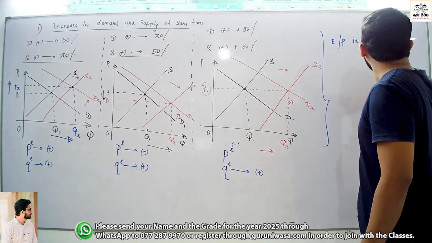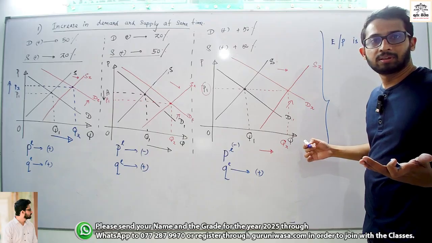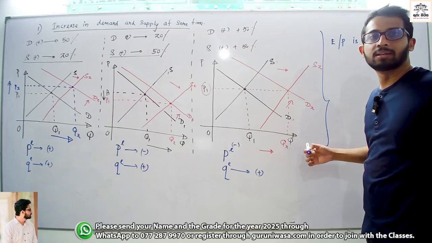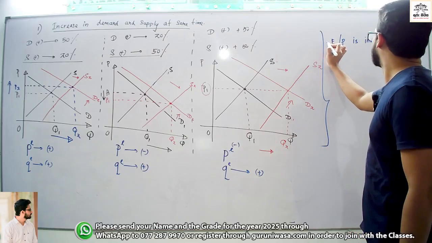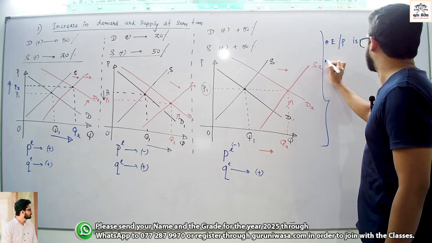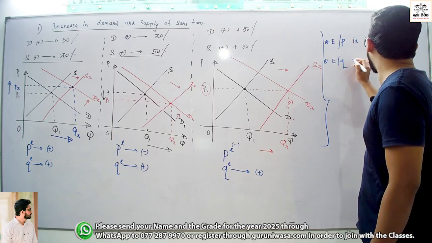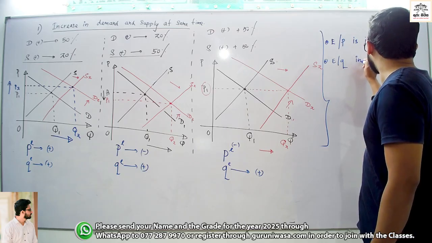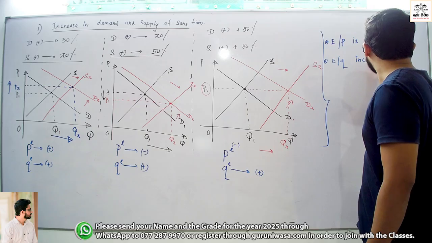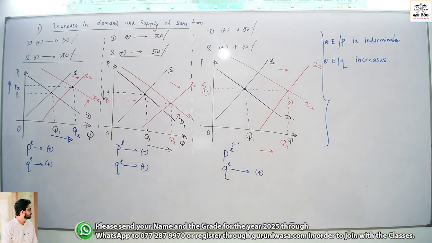What does it mean? We cannot say exactly whether it will increase or decrease. Equilibrium price is indeterminate, but equilibrium quantity increases.